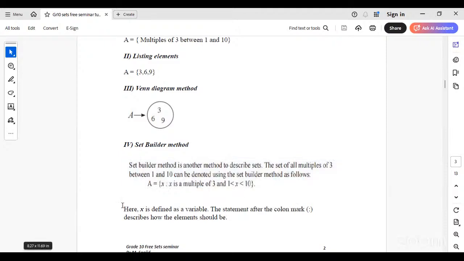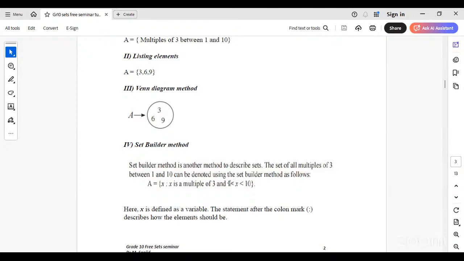Once again, x is defined as a variable. So what is a variable? A variable means it changes with time. The numbers or whatever it is, it changes. So we define the variable x. What is x? x is a multiple of 3 and x is greater than 1 and less than 10, because it says the multiples of 3 should be between 1 and 10.